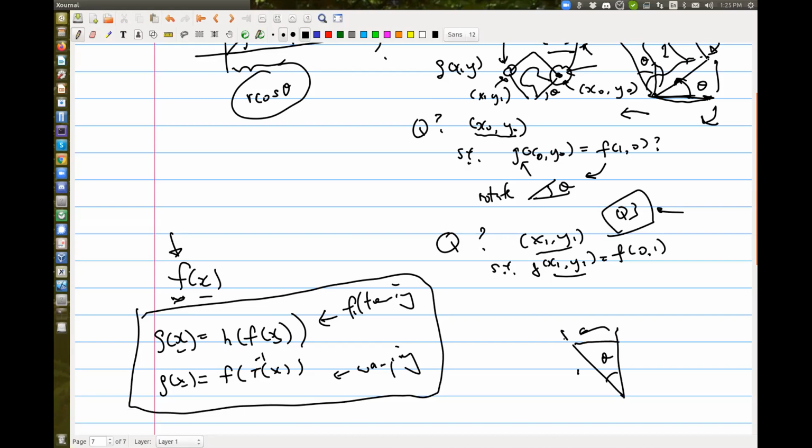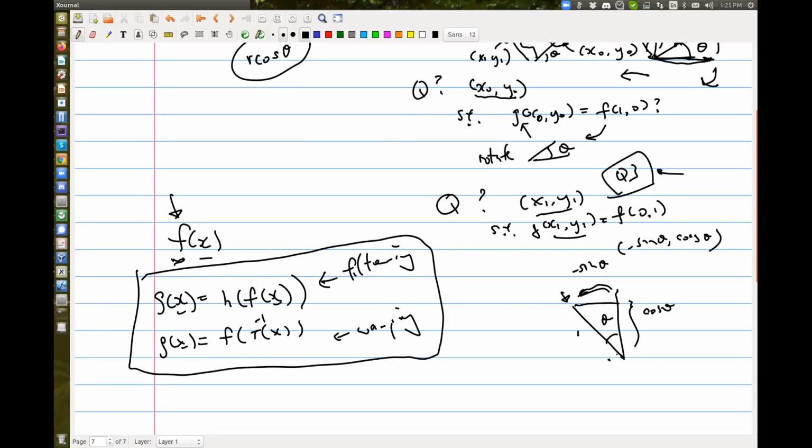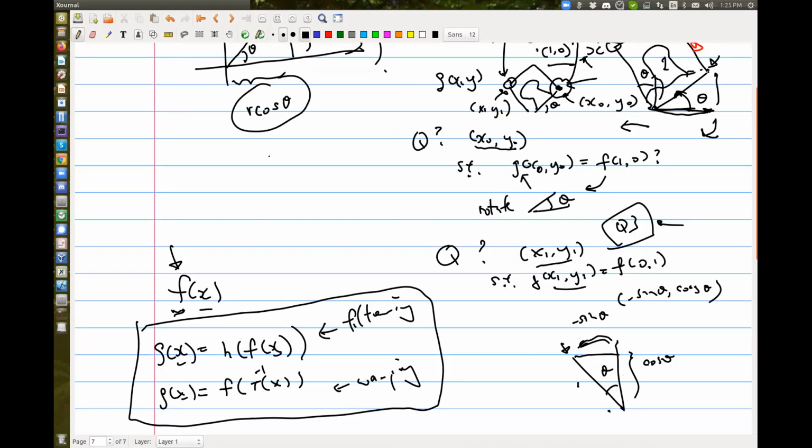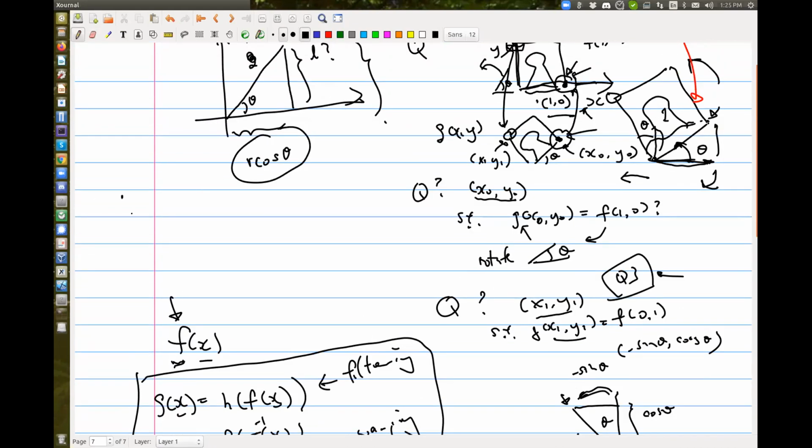Then the coordinate along the x-axis is minus the length of this, which is minus sine theta, and the height will be cosine theta. So the coordinate would be minus sine theta, cosine theta. If you guys are all good with that, let's start with the final question here.